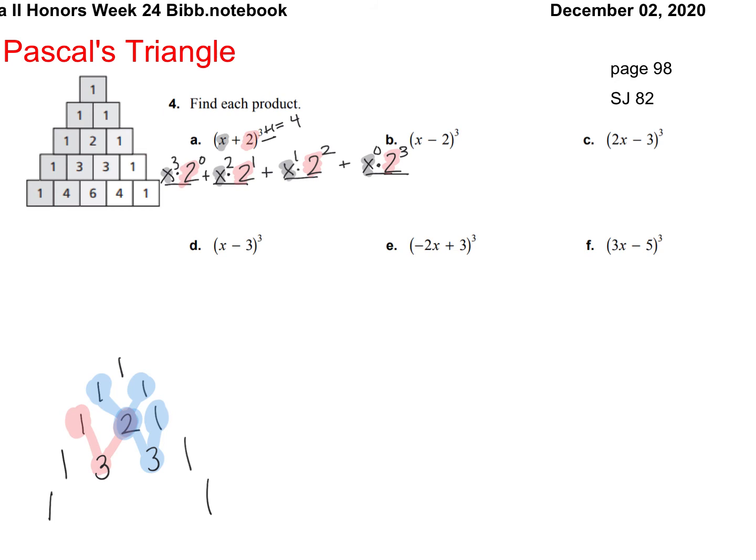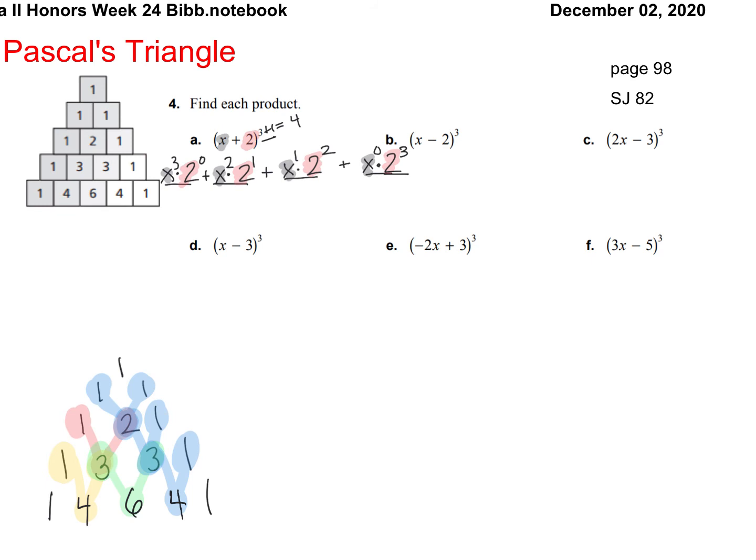Same kind of pattern, hopefully you catch on. This number is found by adding this one and this one. Then this number is found from adding this one and this one. And then the last number before the 1, this number is found from adding this one and this one.